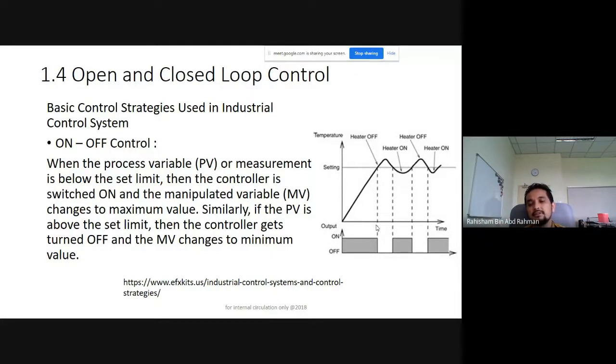That is rather complicated, but at the end we will achieve a very good output. It depends on the requirement. If we want to go for cheaper or less complicated, or maybe the output is less sensitive to this discrepancy, then it is fine to go for this on and off control system.